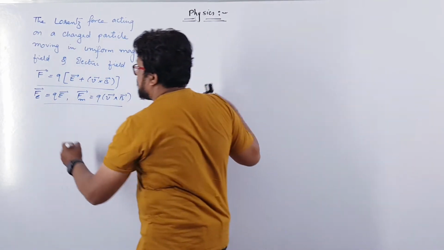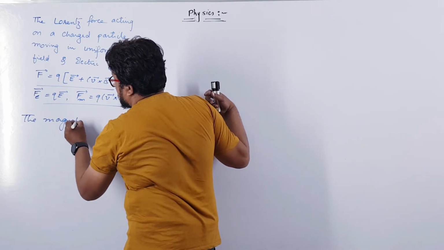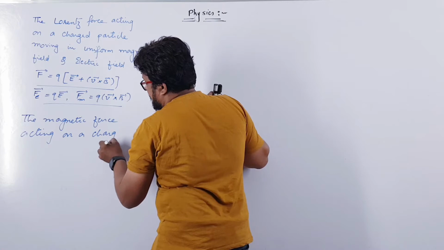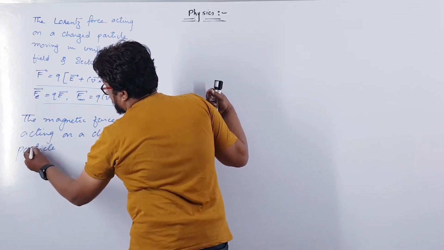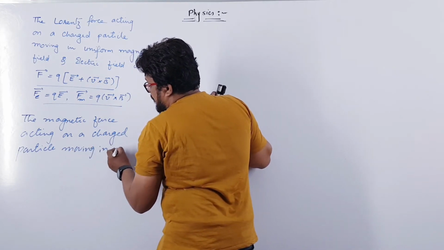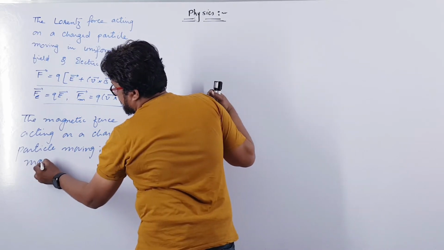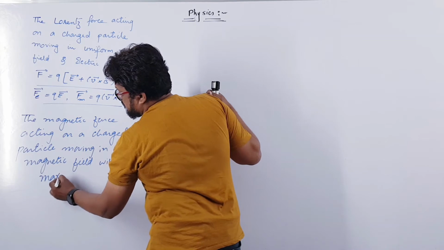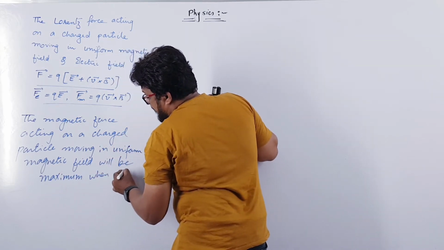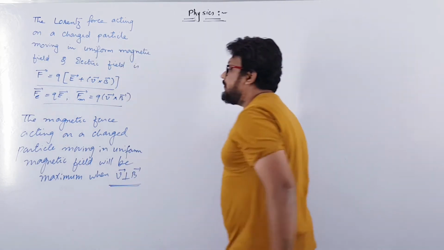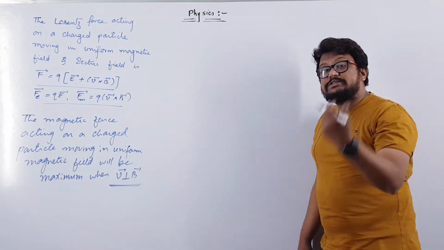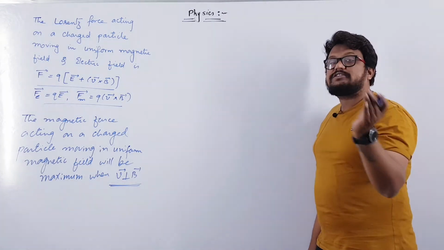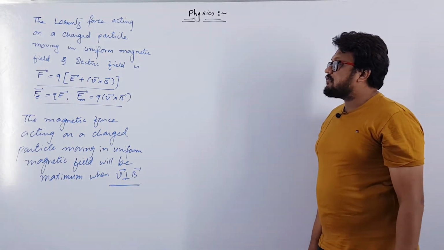The magnetic force will be maximum when V is perpendicular to B. When velocity and magnetic field are perpendicular to each other, the force is maximum. The force will be 0 when V is parallel to B, or when V is in the opposite direction of B, that is parallel or anti-parallel. In that case the force will be minimum.